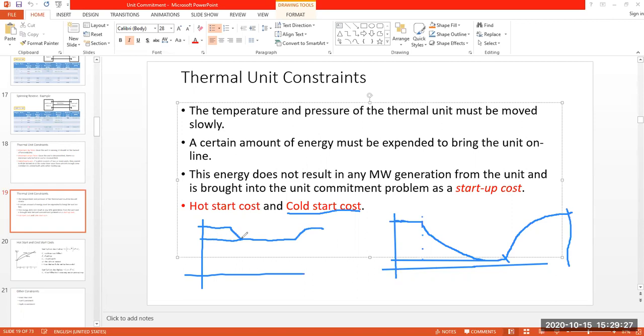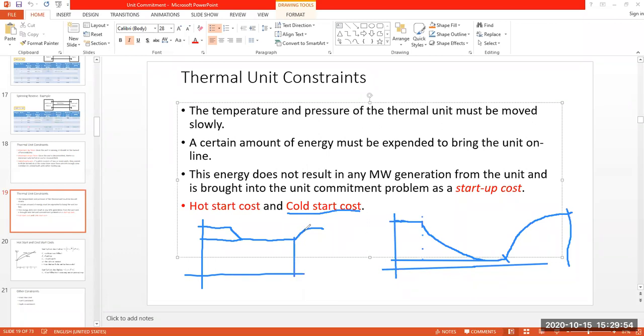So here you are not allowing your boiler to get cooled down to the ambient temperature. By supplying some fuel, not 100%, not the amount that was required for production, but some reduced amount of fuel, will be required just to maintain a high temperature for the boiler, so that when it is needed again at this instant, you can simply do it within a very short time.